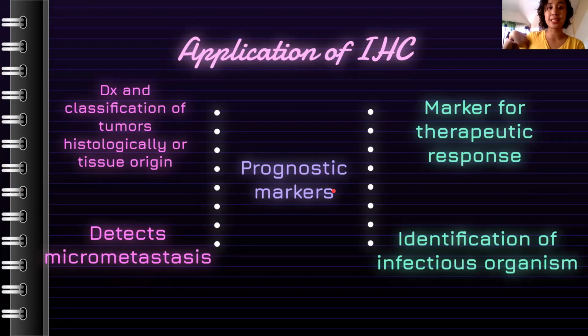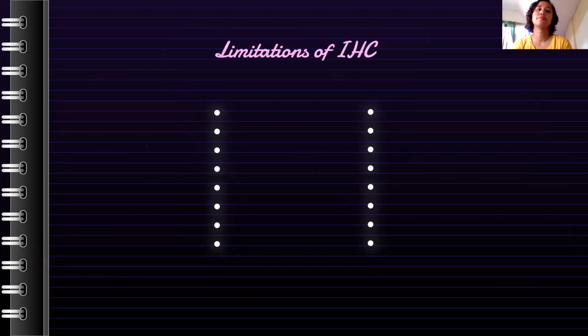If there are metastases already on the lymph nodes. Prognostic markers, it's important to see the extent and progression of the disease, and as a marker for therapeutic response, if the chemotherapy is working, the meds are working. And identification of infectious organisms, just like identification of spirochetes, using Warthin-Starry.